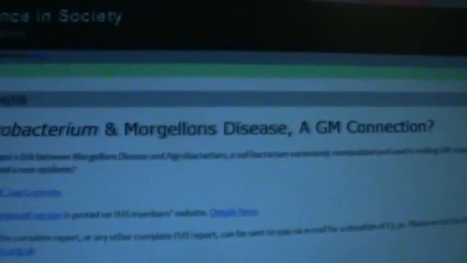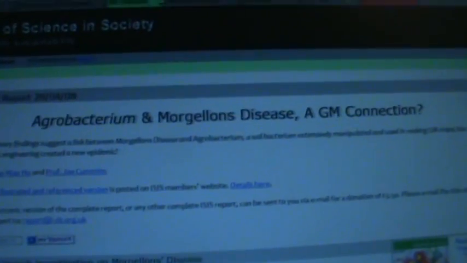And so I went out and I did a search on agrobacteria, and I found an article: Agrobacteria and Morgellons disease, a GM connection, a genetically modified connection.